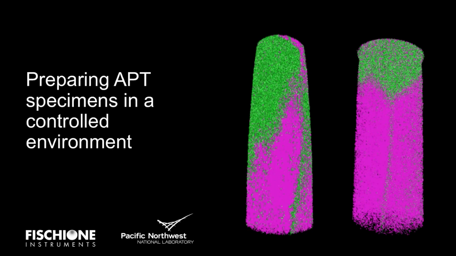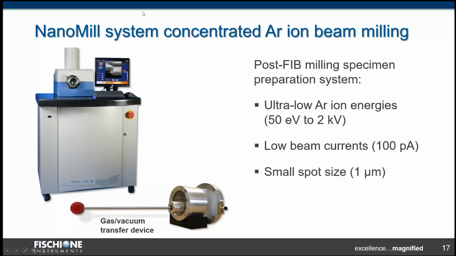And this is from different aspects. I will go to the NanoMill and explain a little bit about it. In the NanoMill, we are able to use very low energy of milling and very low currents.